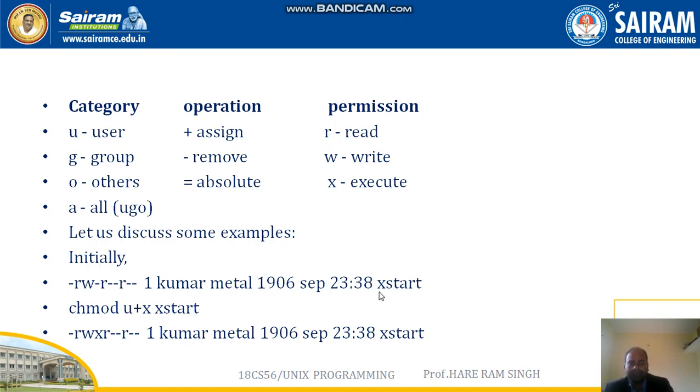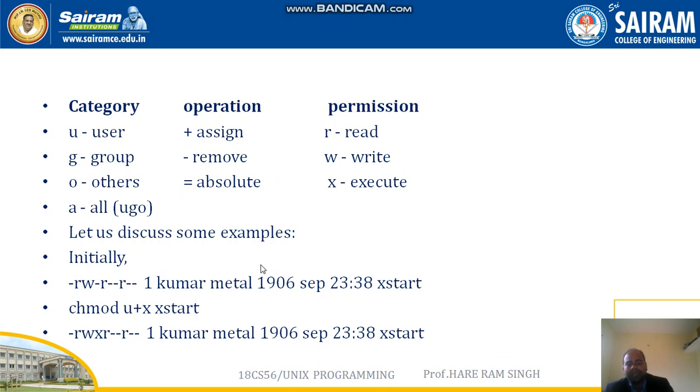Let us discuss with some examples. Suppose a file named xstart has the initial permission rw-r--r--. The first three, as we discussed, are for the owner of the file.